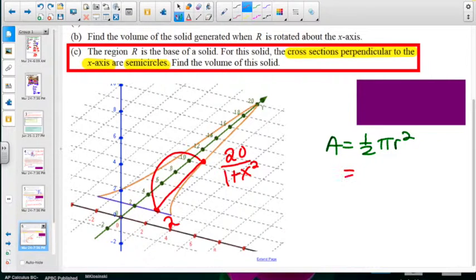The radius is how much? Half the diameter. Guess what I'm going to do? I'm going to get the semicircle equation in terms of diameter. Okay? Because that way we can just throw the functions in there. So instead of 1/2 pi r squared, it's how many times pi d squared?